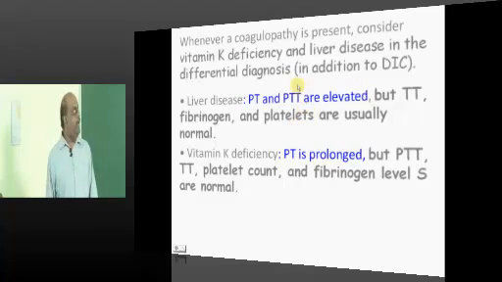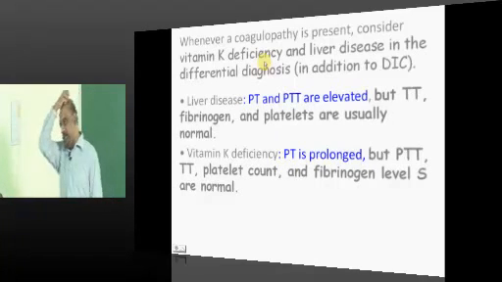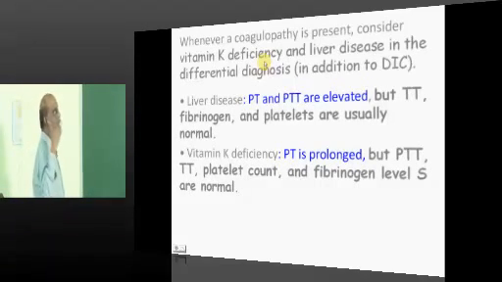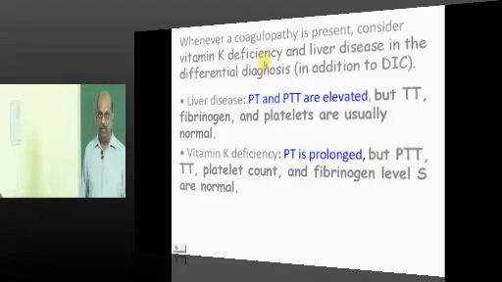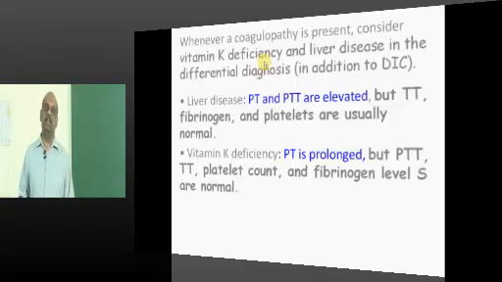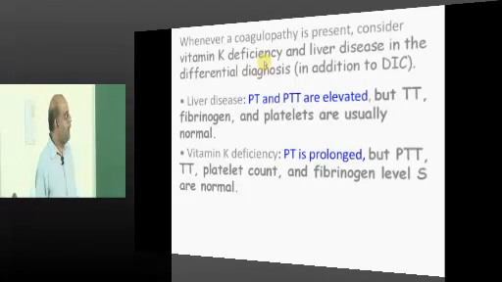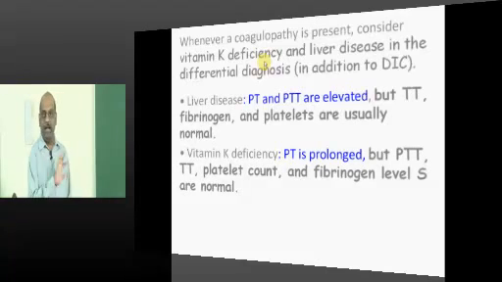Whenever the patient has a coagulopathy, what is the differential diagnosis? It can be due to vitamin K deficiency, or due to DIC, or due to liver disease. But how will be the situation in liver disease? Late liver disease will cause both PT and APTT prolongation, but TT, fibrinogen, platelets are not affected.